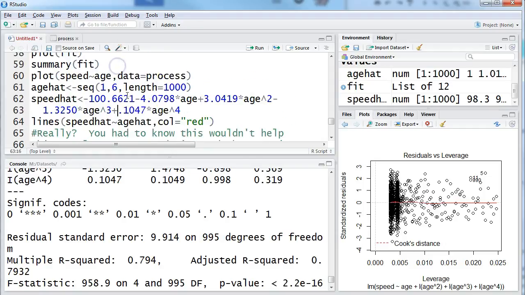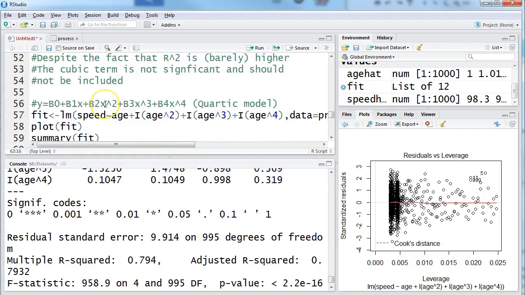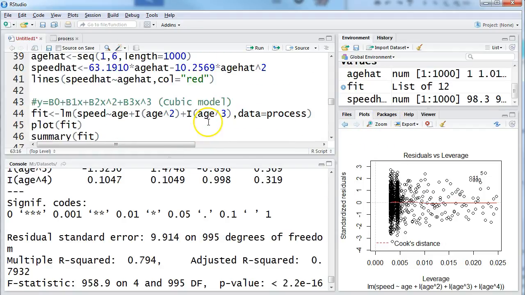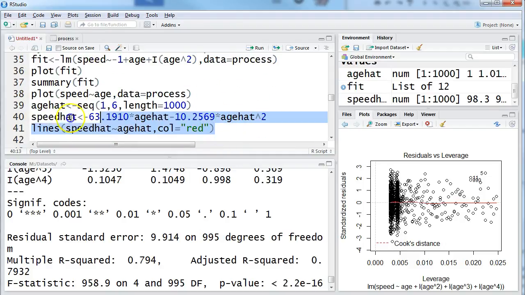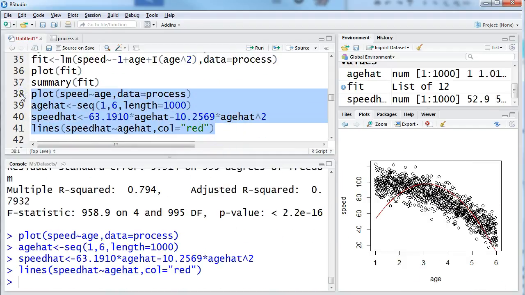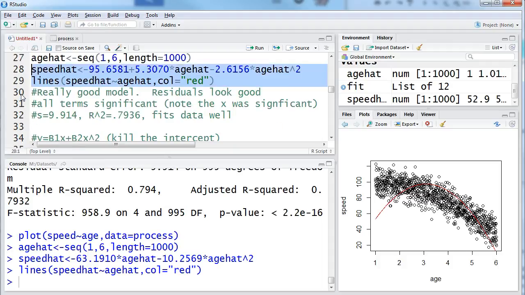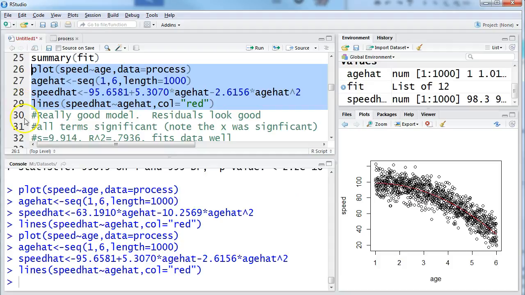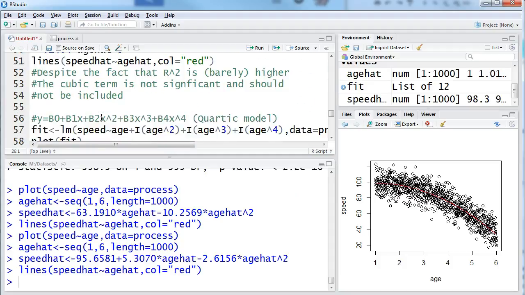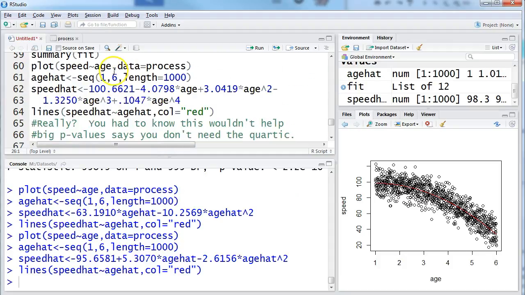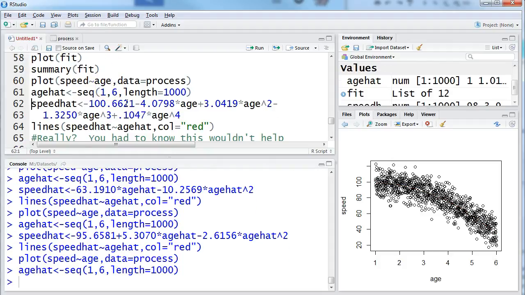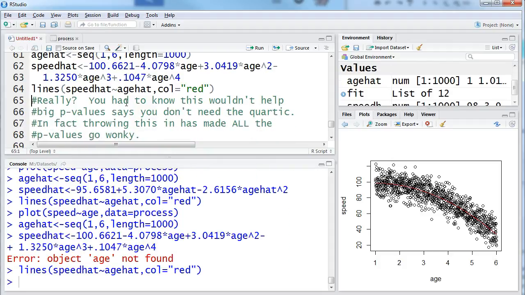Should we look at the picture real quick? Let's put back the picture that we had when we had the quadratic right here. Nope, that obviously was not a quadratic. That's our intercept missing one. Let's put in the quadratic there, and let's try what happens if we have a fourth model, which is the age.